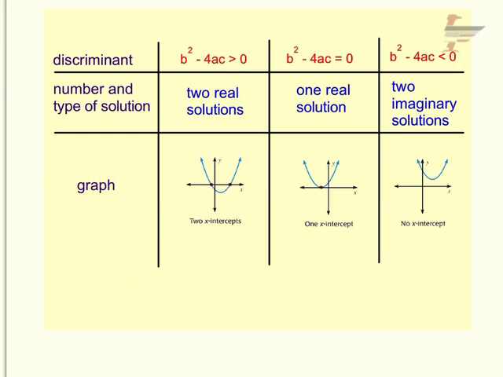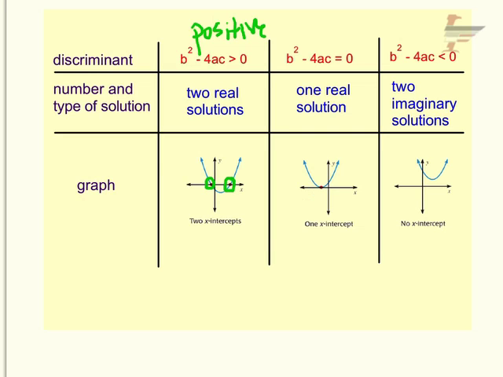So here's a handy little chart going through your possible discriminants. If your b squared minus 4ac is greater than 0, which means it's a positive number, you have two solutions and they are both real. So how many solutions are there? You're going to have 2, and they're both real solutions. What that looks like on a graph is your parabola is actually crossing the x-axis, and these two x-intercepts are the real solutions.